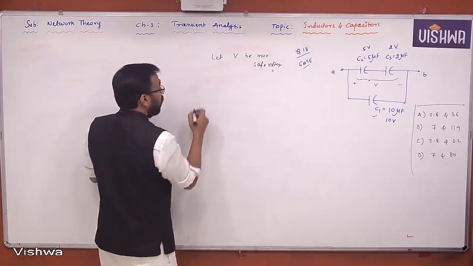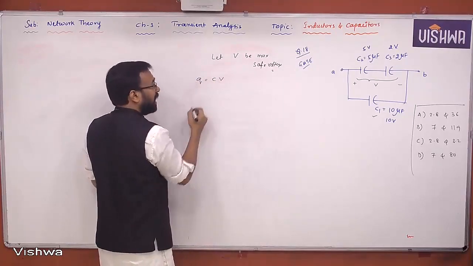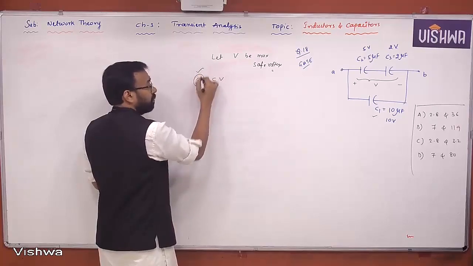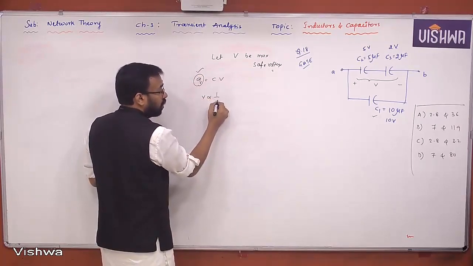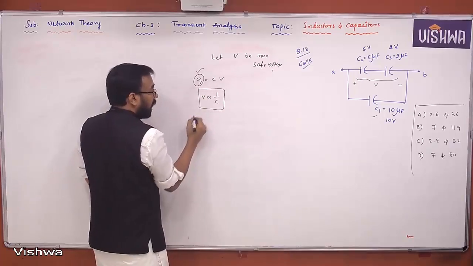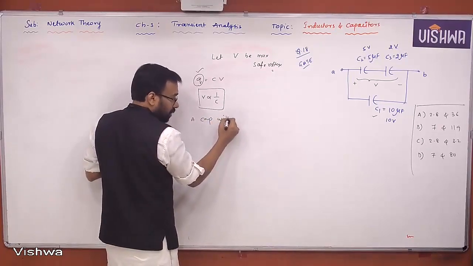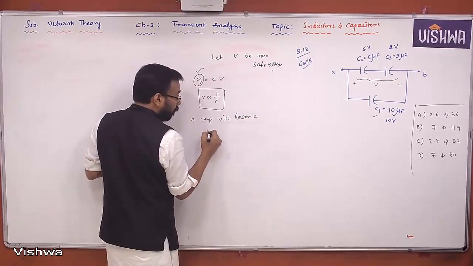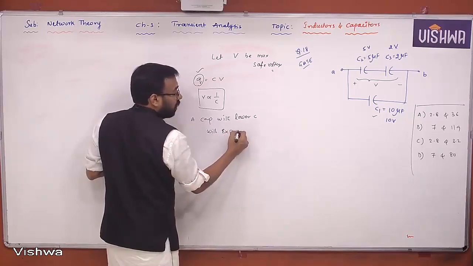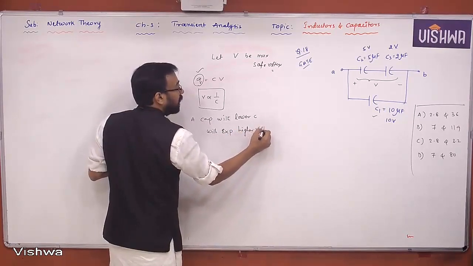Let us see. Q is equal to C into V. For series combination, Q is same. We already studied. Then what will happen here? V is inversely proportional to C. Now, a capacitor with lower capacitance will experience higher voltage.